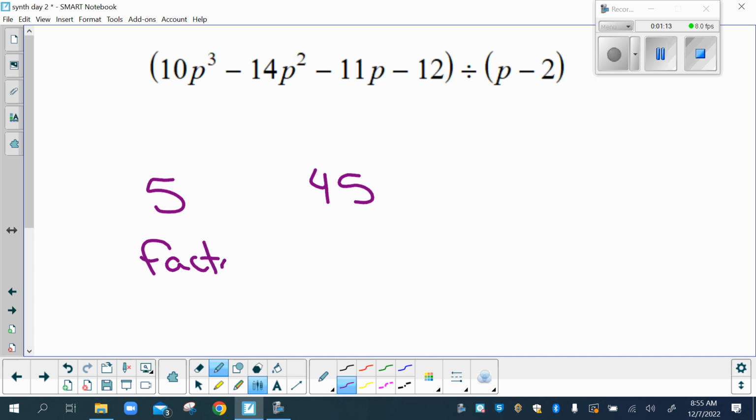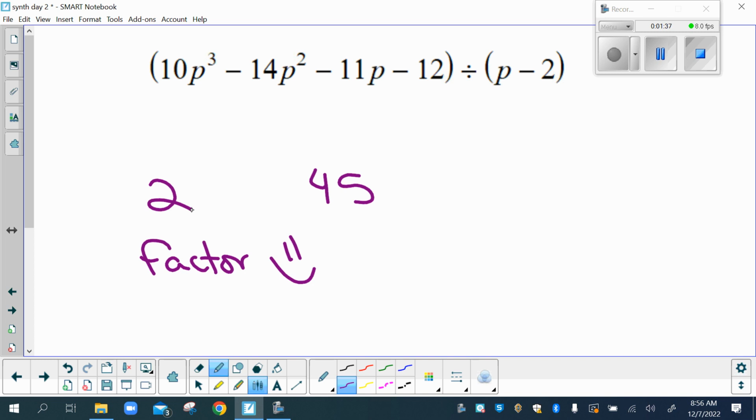You'd say, yep, because it had no remainder. And if I asked, hey, how about 2? Is 2 a factor of 45? You would say no, because it doesn't go in perfectly. You get a remainder. So that's what we're doing here. All we're testing is whether you get a remainder. So if your remainder is 0, it's a factor.